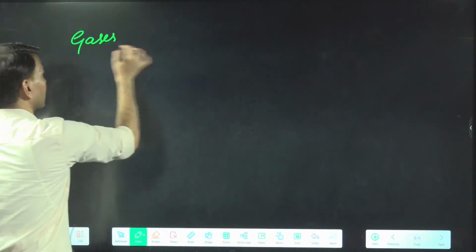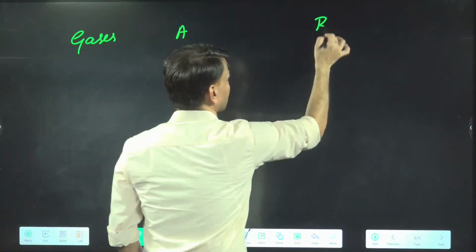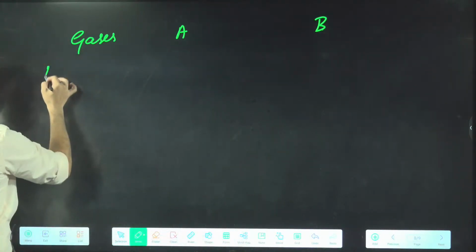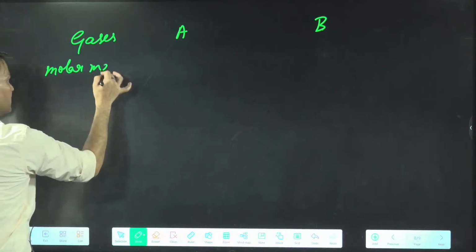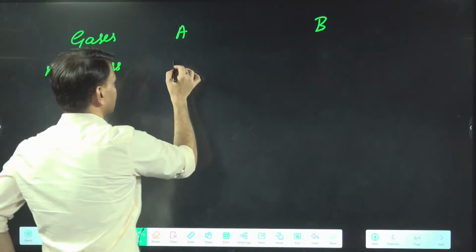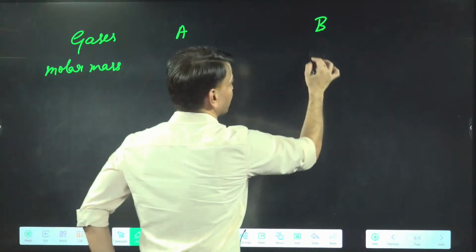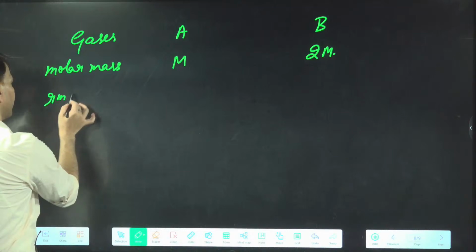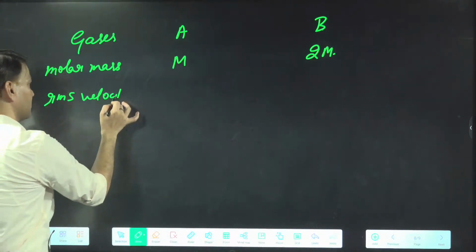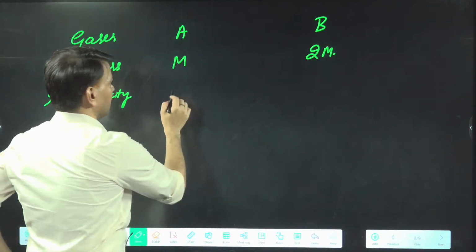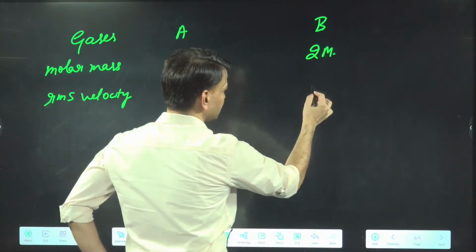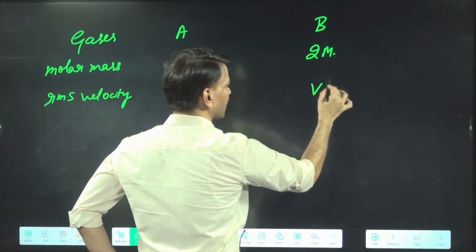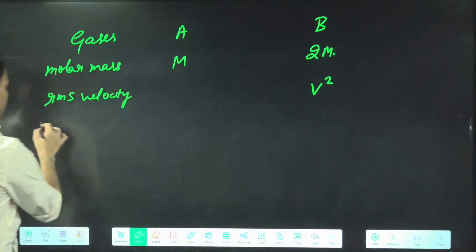Suppose I have two gases, A and B. Suppose I am taking the capital M, its molar mass is 2m. RMS velocity of this is V square. They are at the same temperature.